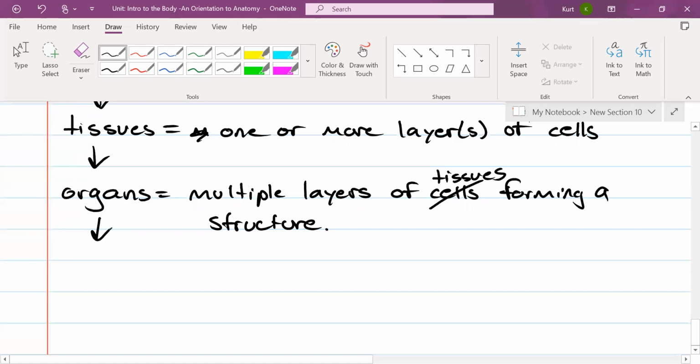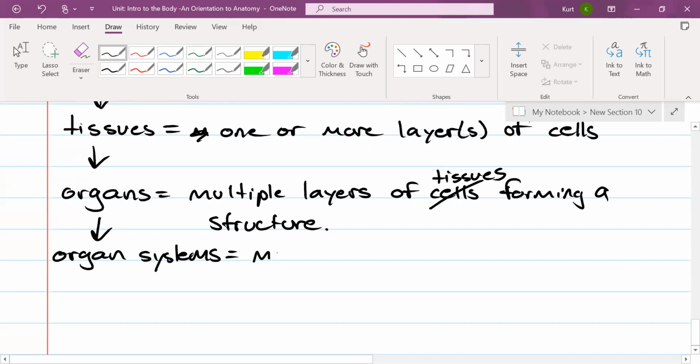Okay, next one. You have 11 of these. Multiple organs working together for a common purpose. Organ systems. That is correct.